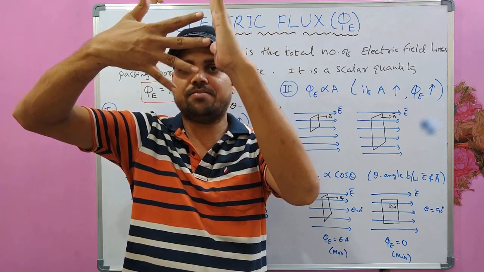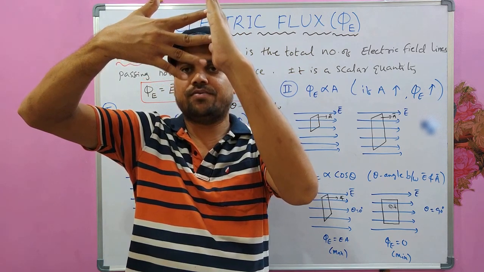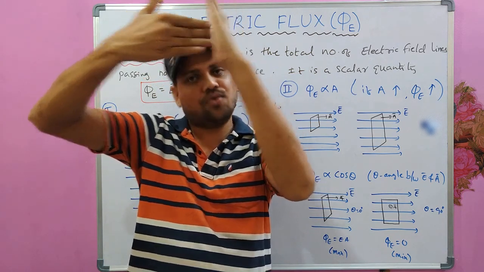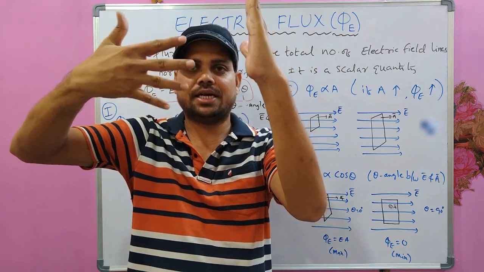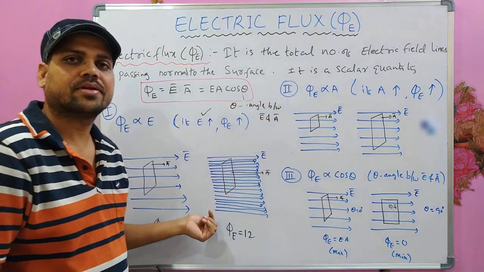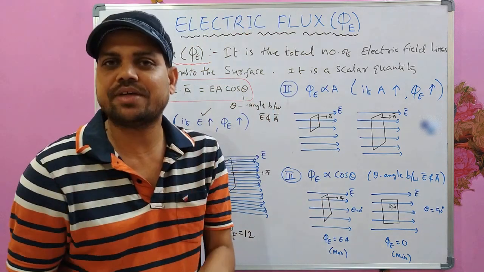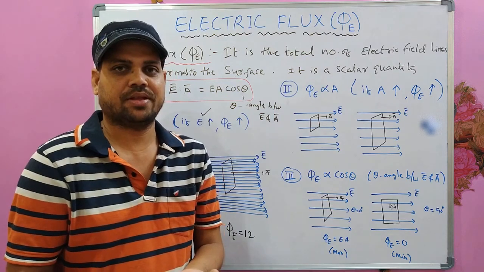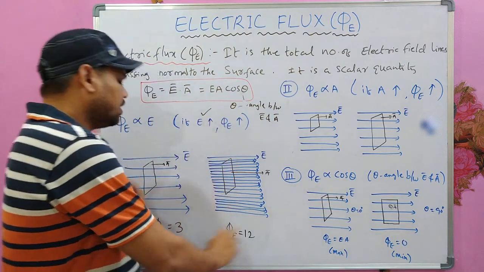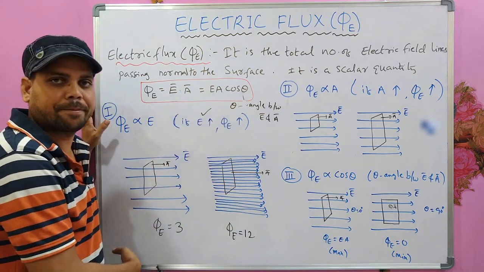If they are away from each other, only two are entering. If they are very close to each other, four are entering. See, electric field strength is increased. So electric flux depends on the magnitude of the electric field strength. If it increases, the electric flux linked to that area increases.